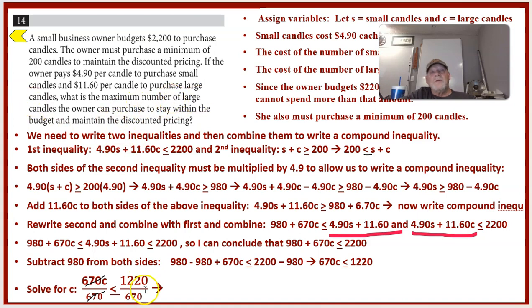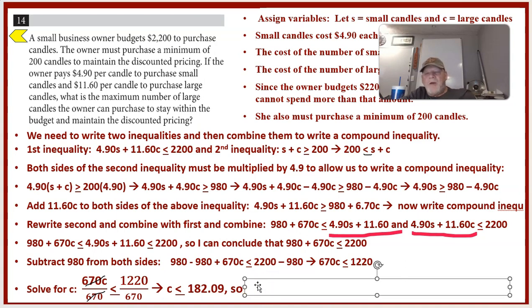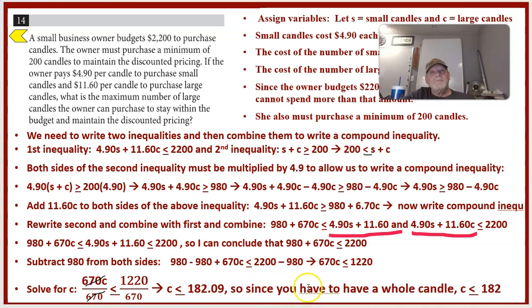That's what it's asking us. It's a calculator problem. 1220 divided by 670 is 182.09. What does that mean in candles? Can you have 0.09 of a candle? Nope, you got to have whole candles. So the number of candles has to be less than or equal to 182. So it could be 182 or less than that.